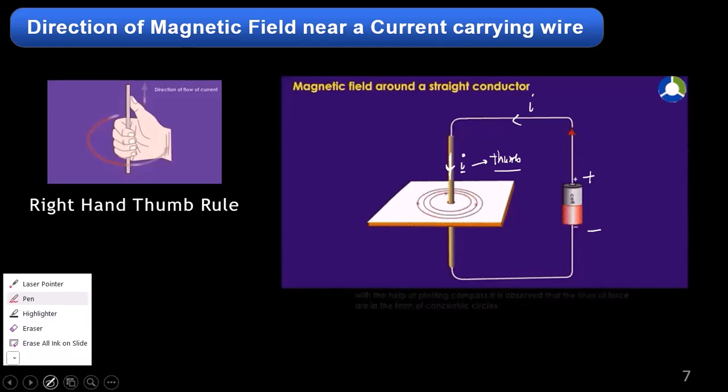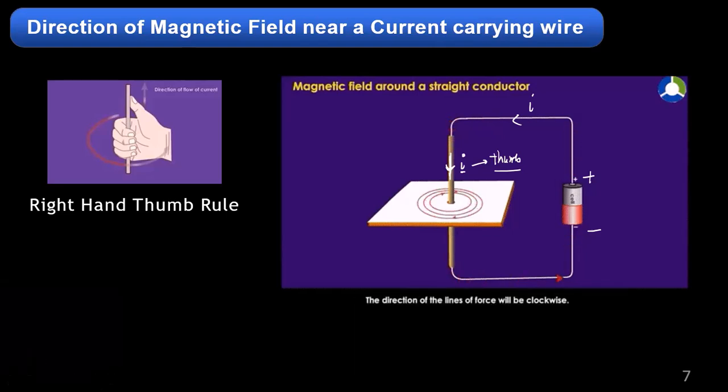I can observe a circular ring-like structure being formed, rotating in this direction, because the curling sense will be in this direction. That gives the direction of the magnetic field.